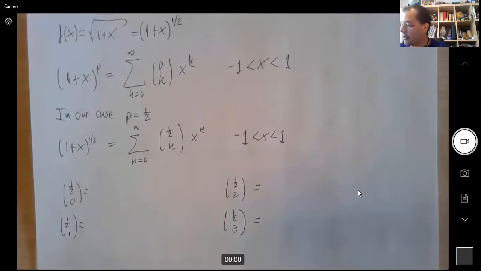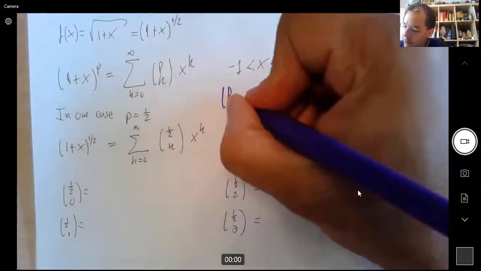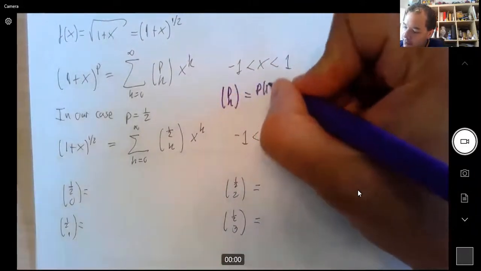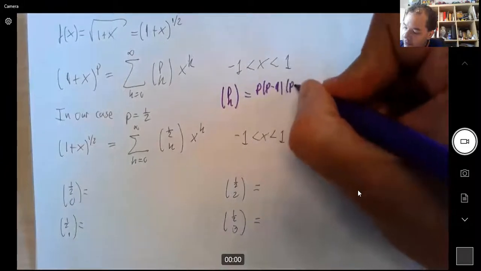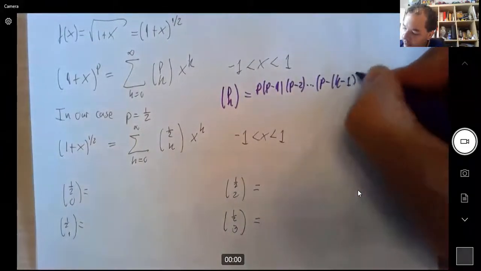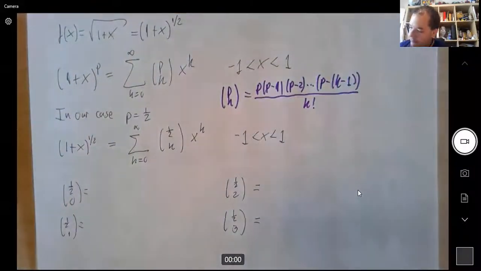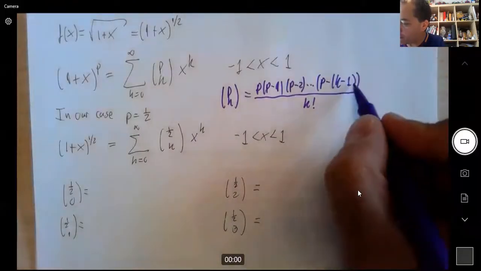Remember what the formula is, right? Maybe I should, again, bring it over here. So I'll write what p choose k is in purple here. It is p times p minus 1, p minus 2, all the way to p minus k minus 1, divided by k factorial. Oh, and anything choose 0 is 1. That's a special case. It doesn't make sense to do p minus -1.